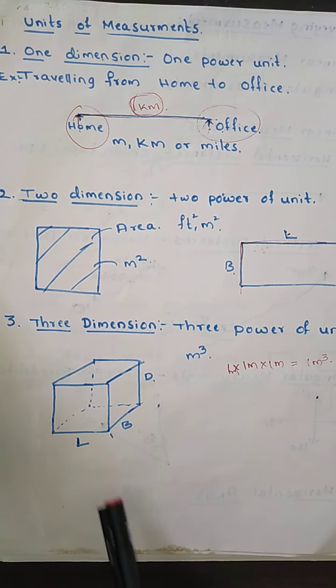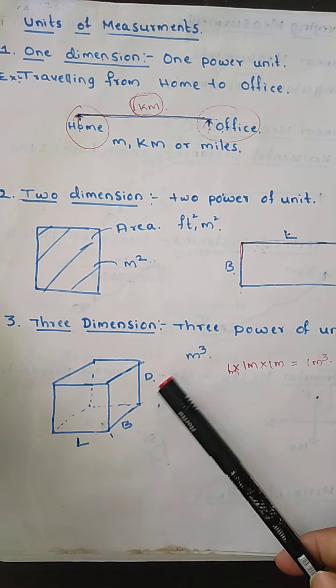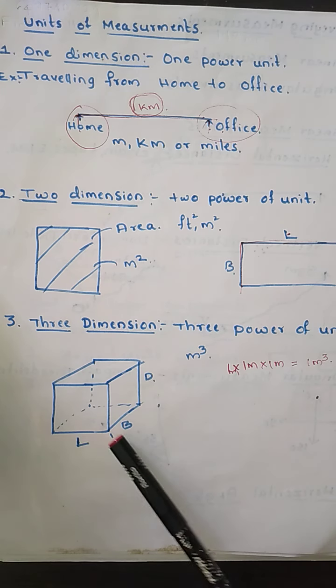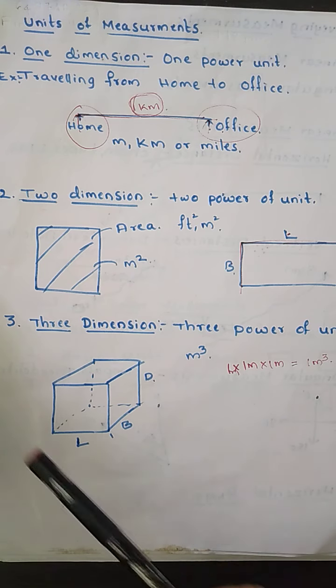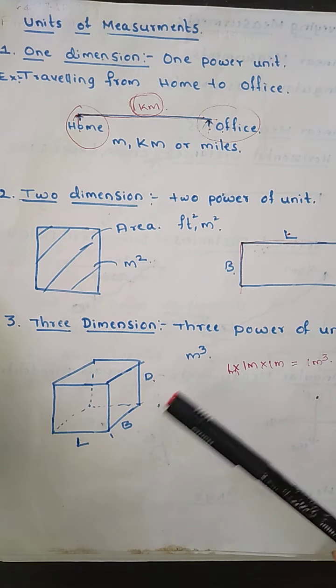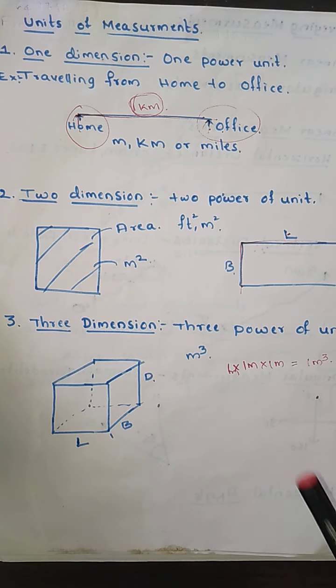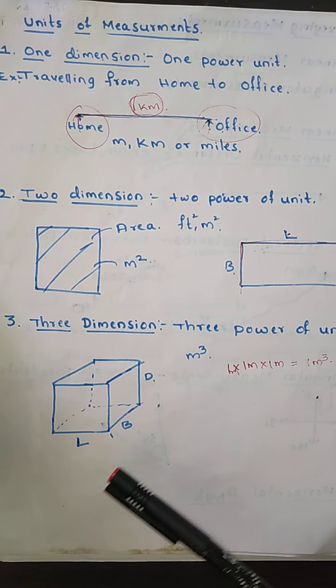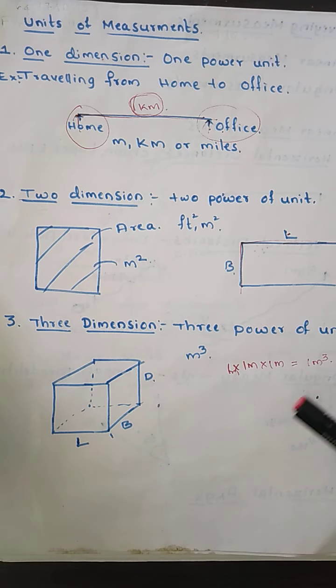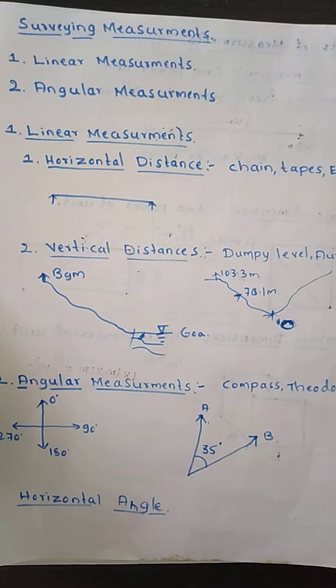Any element which has length, breadth and depth, we call a 3-dimension unit of measurement. We measure it in terms of meter cube.